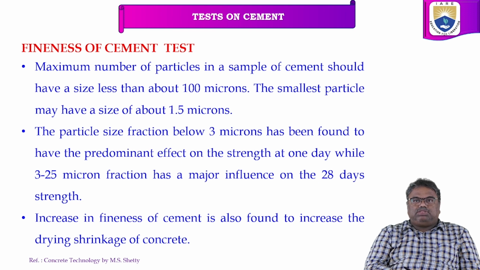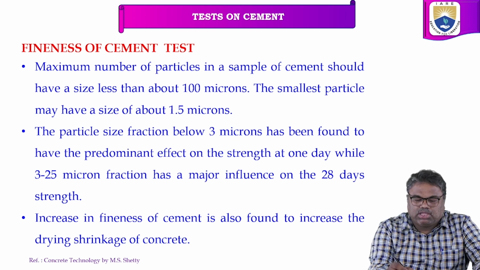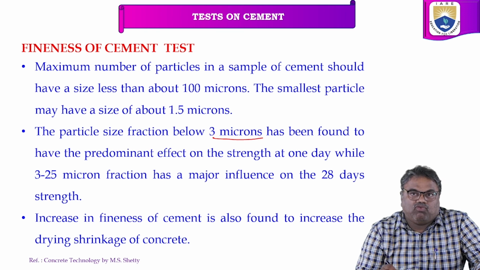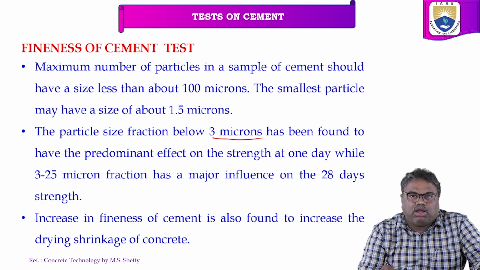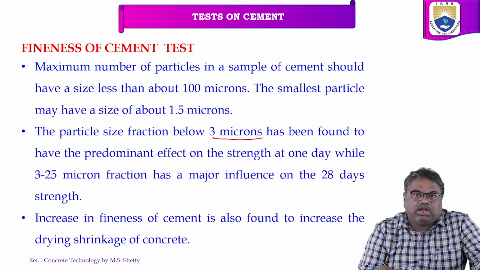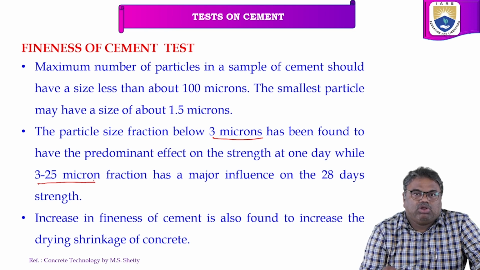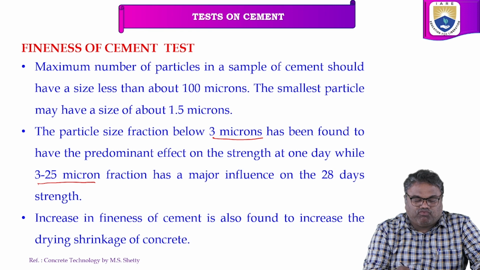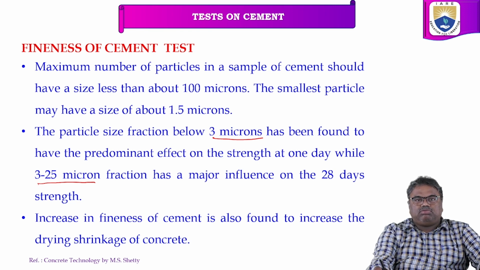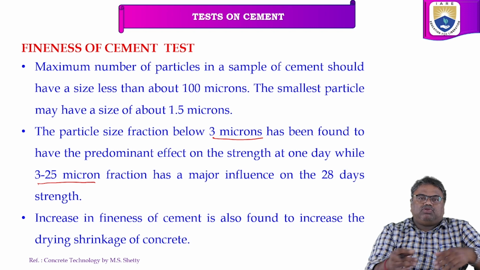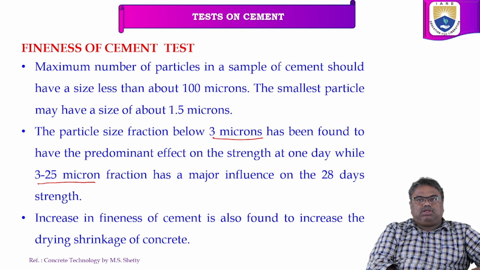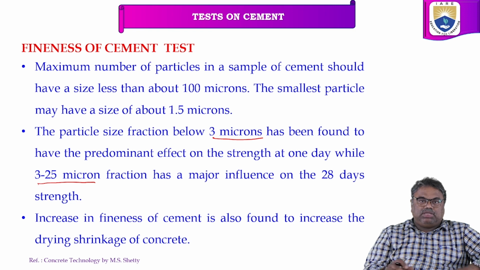So particles below 3 microns are predominant in 1-day strength, and the particle size of 3 to 25 microns has a major influence on 28-day strength. An increase in fineness of cement is also found to increase the drying shrinkage of the concrete.